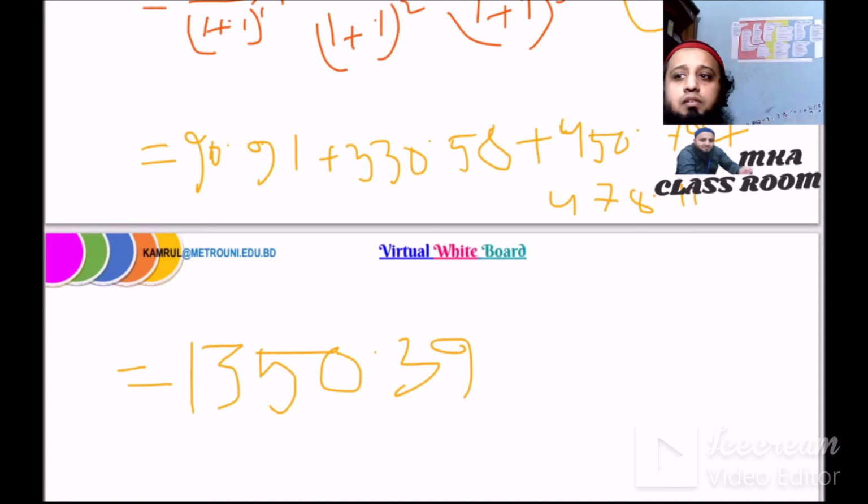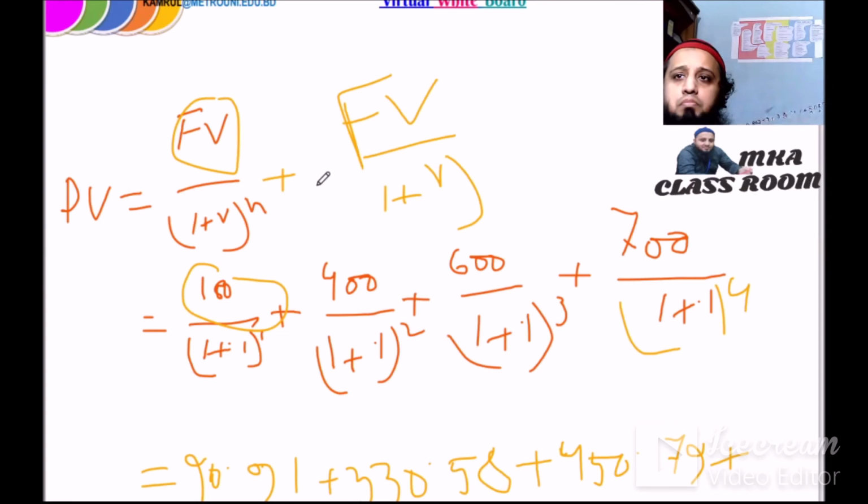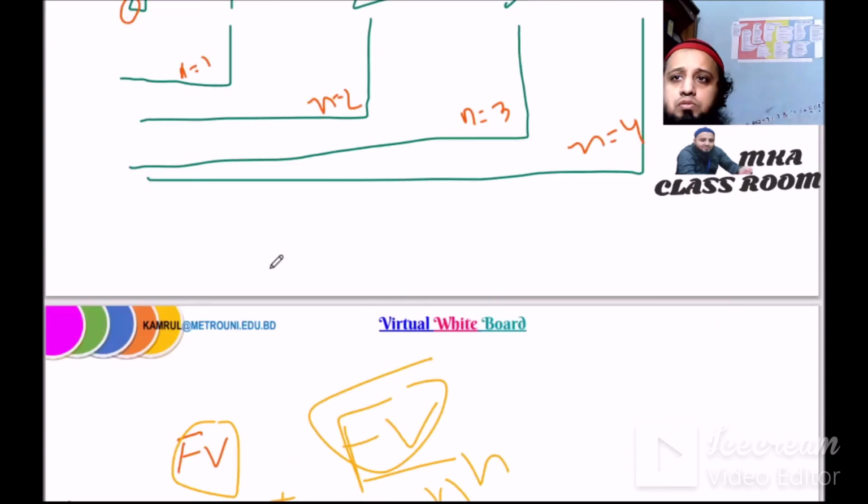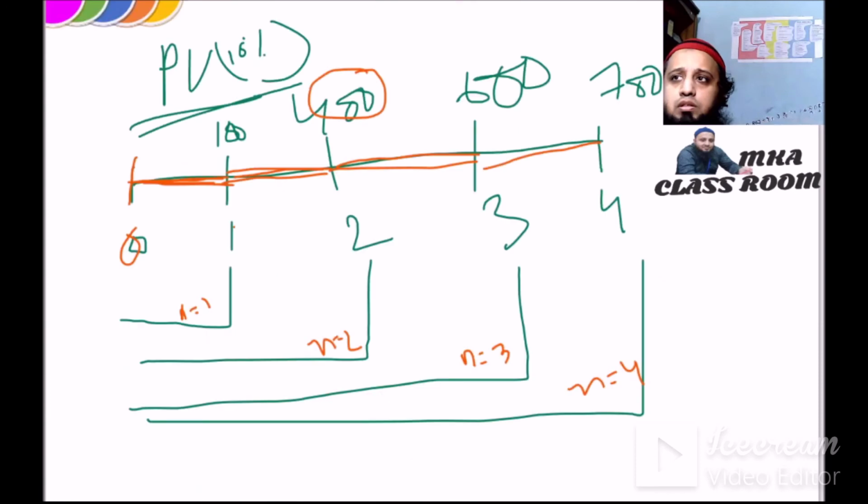this 100 is here. If you look here again, 1 plus 1 power n, that is for 400. Here 1 to 0 is period 1, 2 to 1 is another period, 3 to 2 another period, 4 to 3 another period.